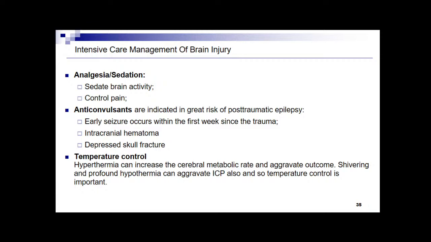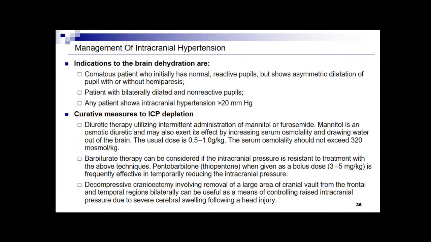Shivering and profound hypothermia can aggravate rise of intracranial pressure, and so temperature control is very important. We should keep the patient's body temperature within the normal range to avoid secondary damage of the brain tissue.